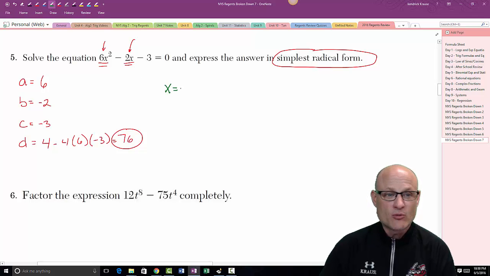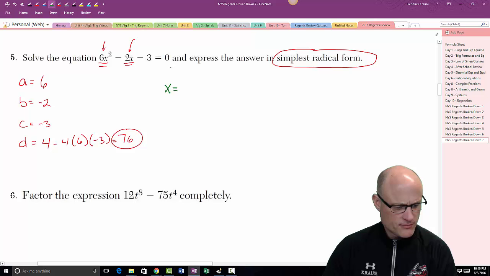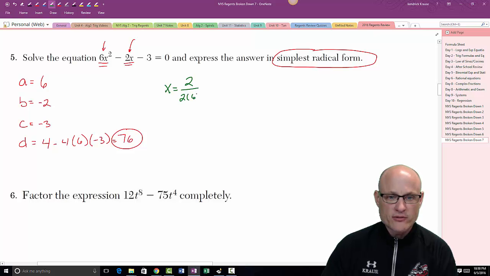So we're going to do x equals, whoa, let's back up the crazy train. Negative b, 2, over 2 times 6, plus or minus the square root of 76 over 2 times 6.